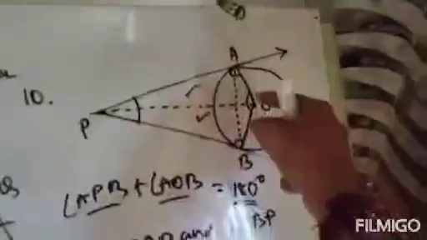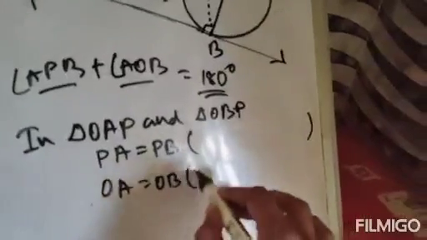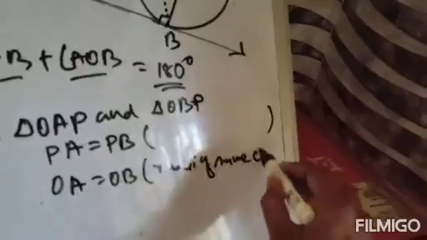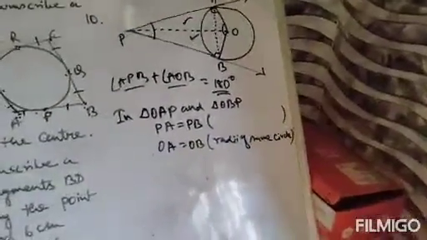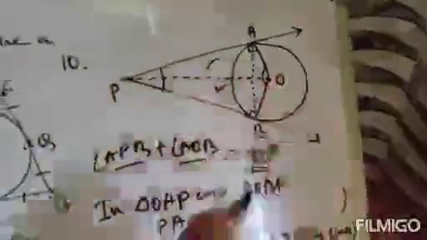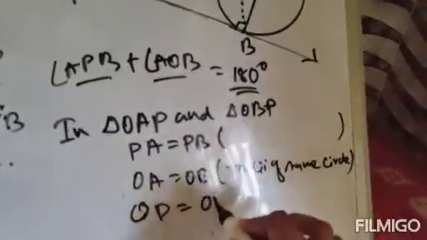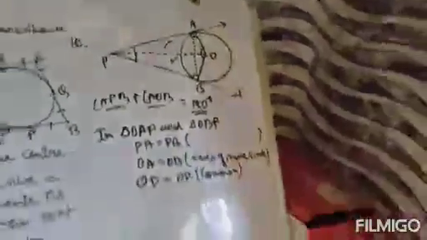Also OA will be equal to OB because both are radii of the same circle. And third, OP is common for both triangles, so OP equals OP.